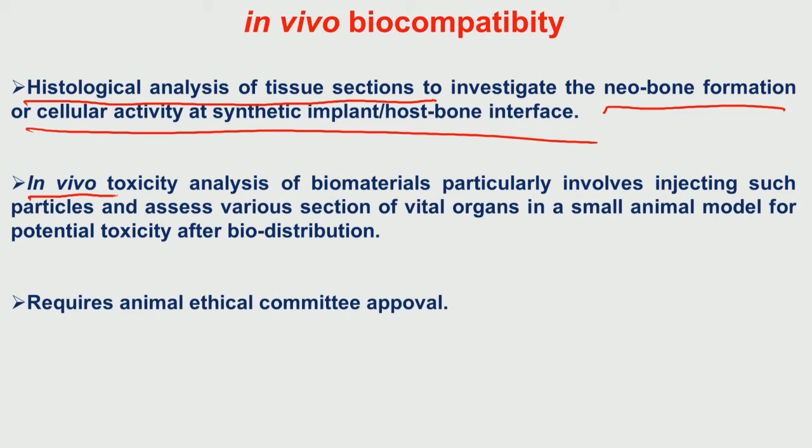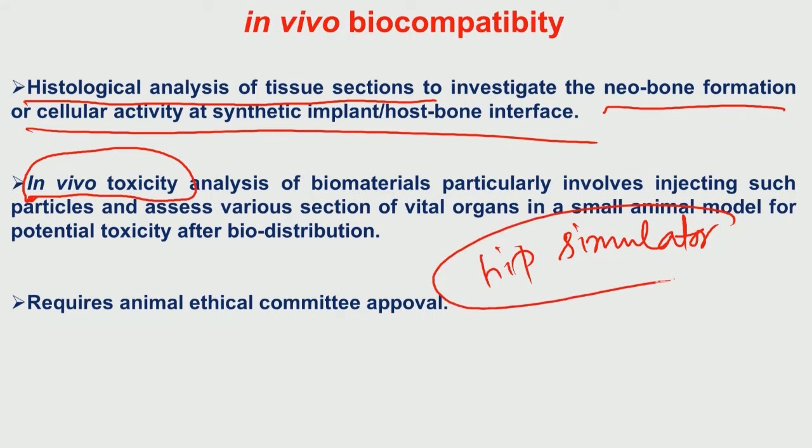Now, this point I have mentioned very briefly in an earlier slide, that is in vivo toxicity analysis. In vivo toxicity analysis means the hip simulator testing I mentioned just a few minutes ago. I will discuss it in a little more detail later. Hip simulator testing always generates some finer wear debris particles.